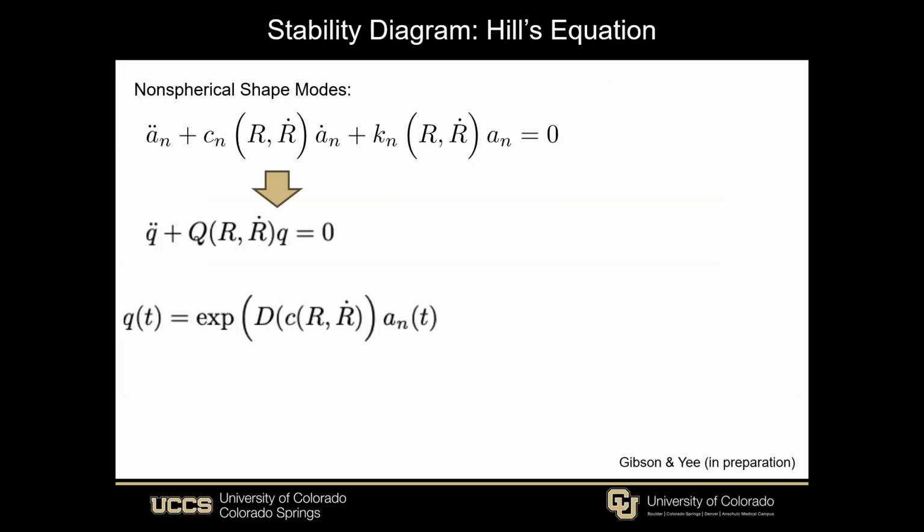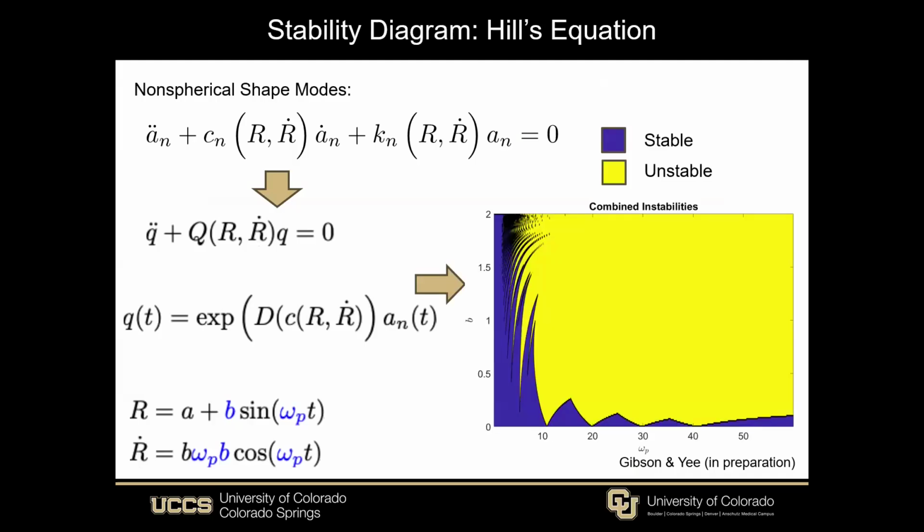Once we have Hill's equation, we assume that we have periodic radius and radial velocity, and then we put it in, if this is periodic, and this is periodic, and this is periodic, then we can use Floquet theory to generate an instability diagram.